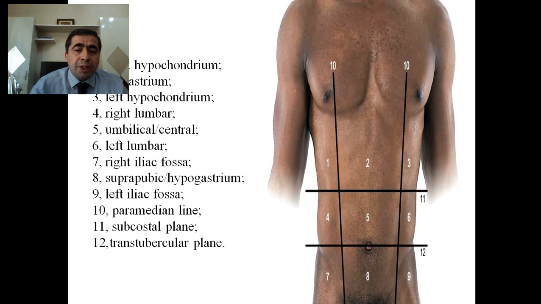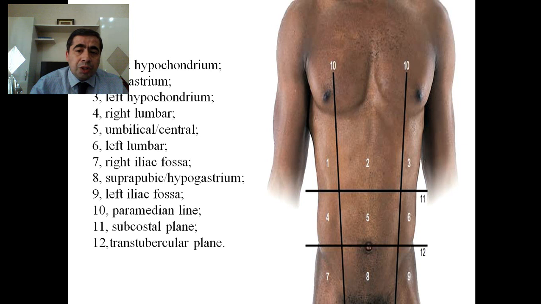It is provided by the inferior borders of both tenth costal cartilages. The second one, number 12, is defined as the intertubercular or transtubercular plane. It passes between the two iliac tubercles.